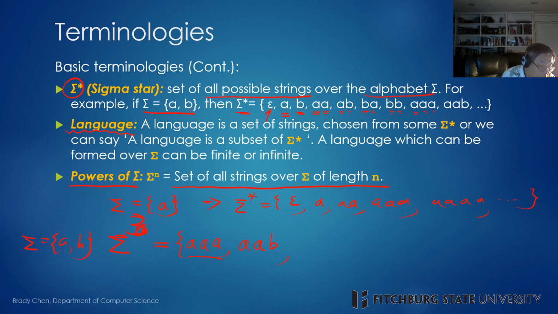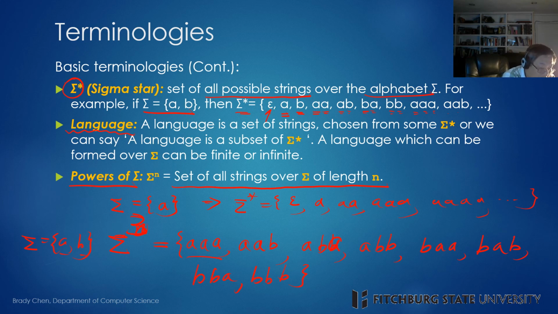Then A, A, B, because you have two symbols. A, B, A, or let's follow the order: A, B, A, and A, B, B. And then B, A, A, B, A, B, B, B, A, B, B, B. I think that's pretty much all the combinations of A and B with length 3.